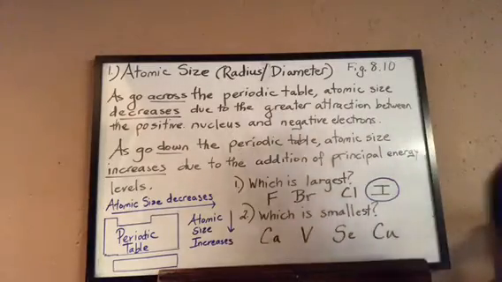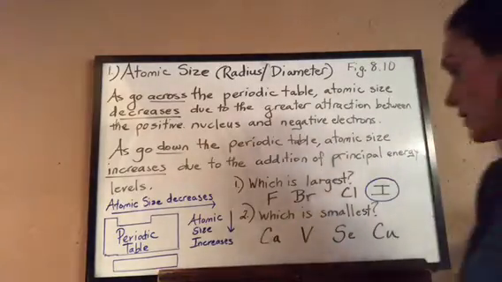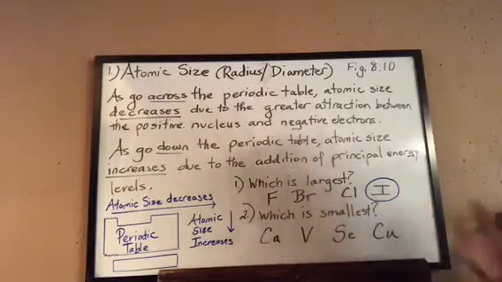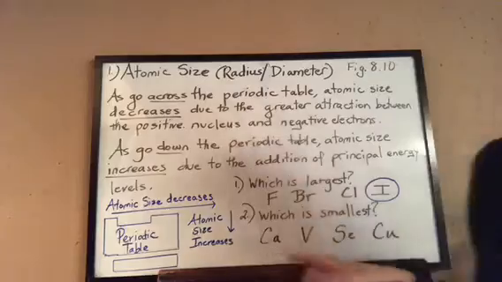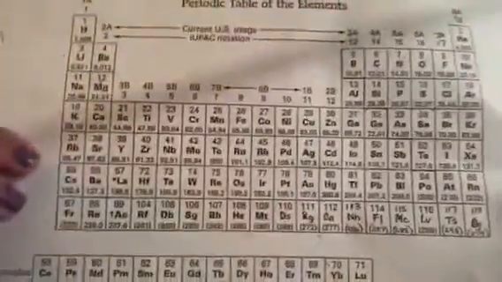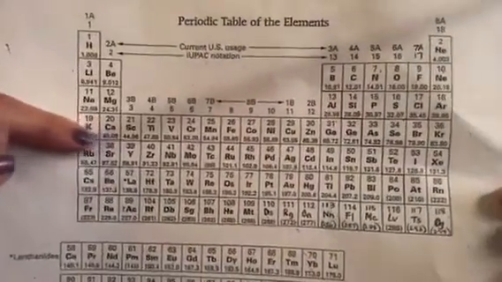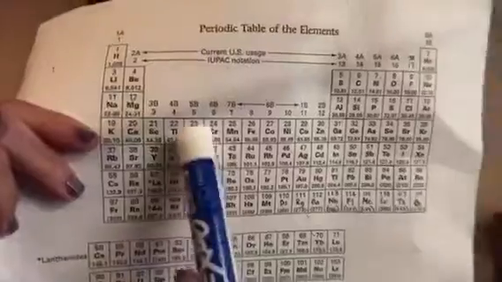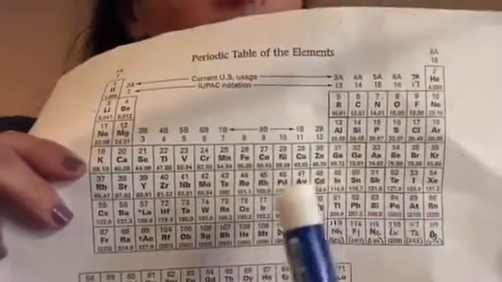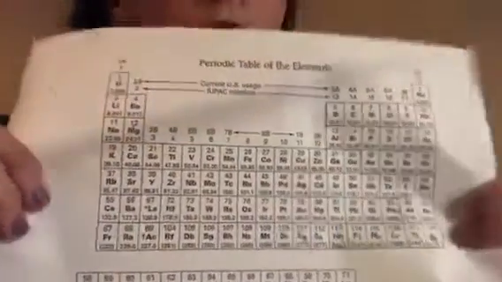Let's compare four elements in terms of which one is the smallest in terms of atomic radius, atomic size, diameter. So within the same period, we are comparing calcium, vanadium, selenium, and what's the other? And copper. So those four we're comparing.